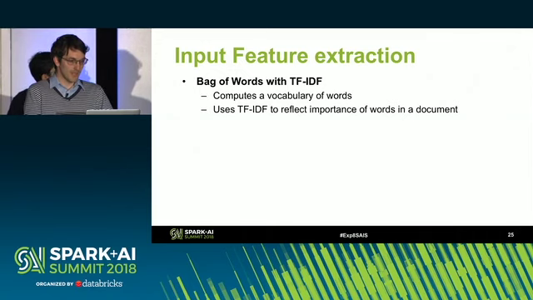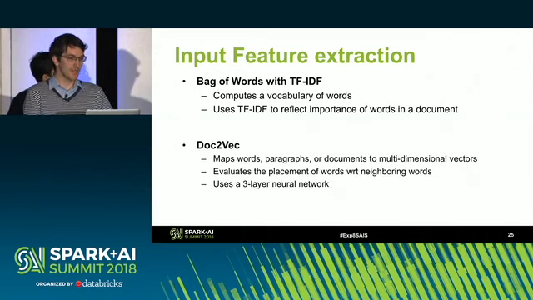There are also other approaches that we use, such as doc2vec. The difference is that doc2vec also looks at the placement of words within a paragraph or a document, so it looks a little at the locality of the word in its context. Under the covers, doc2vec uses neural networks, and in the end, it similarly produces an input vector that we can use for training the model.